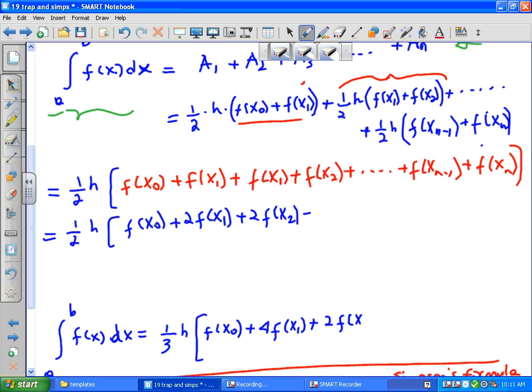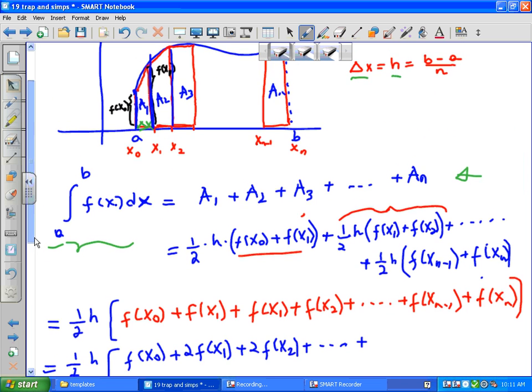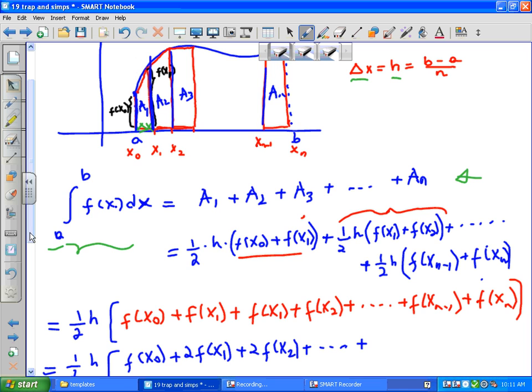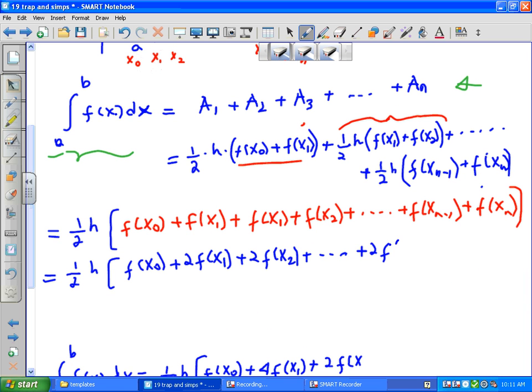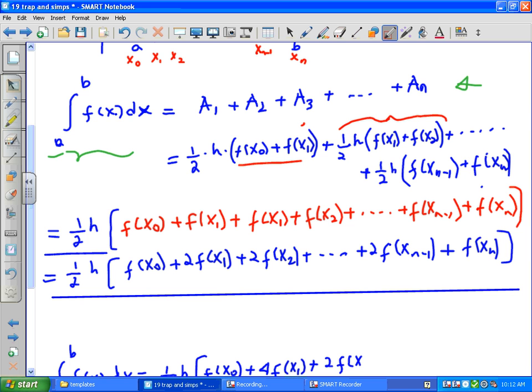How about f of x sub n minus 1? 2, because again, this is being shared as well. But the last one, f of x sub n, is going to be just 1. So this, ladies and gentlemen, is the formula that we've been looking for. This is the trapezoid formula.